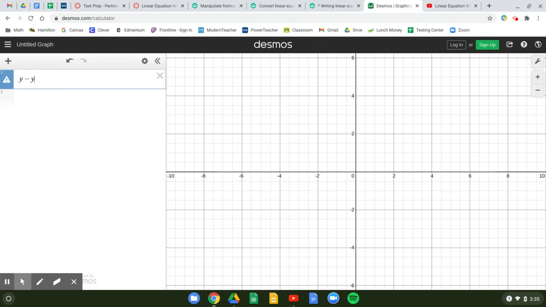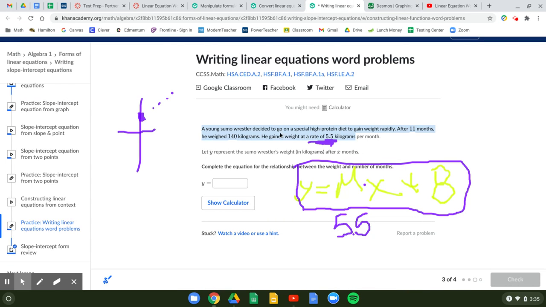Y minus y1 equals m parentheses x minus x1. So this is called the point slope form. And what we do here is we actually replace the y1 and x1 with the numbers from the point. So basically what we have is after 11 months, so x would be 11, we know he weighs 140 kilograms.